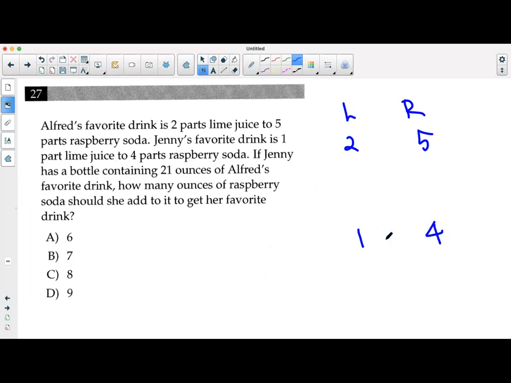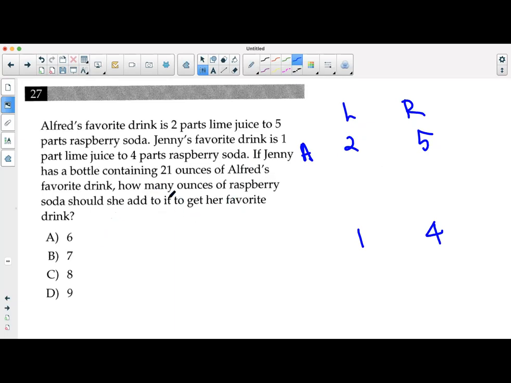So we have two different ratios here. If Jenny has a bottle containing 21 ounces of Alfred's favorite drink, how many ounces of raspberry soda should she add to make her favorite drink?